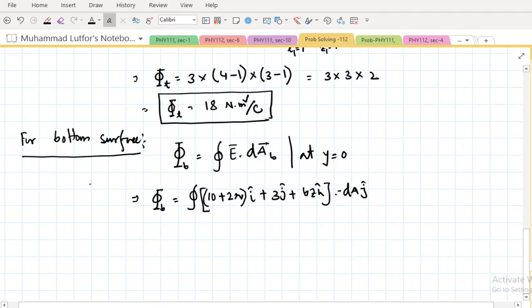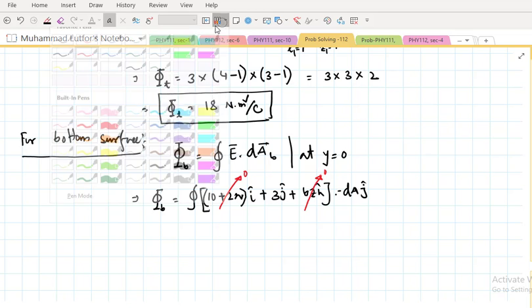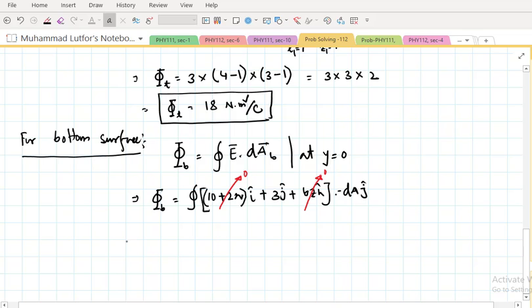Now using the same idea, I can say that the x component and the z component would be 0, because i dot j and k dot j are 0. So that part would be 0. Then phi bottom would be enclosed 3 into, there is a minus sign, I factor it out, into dA.